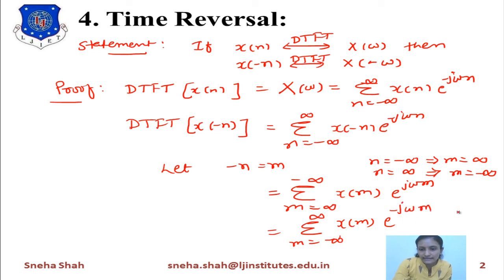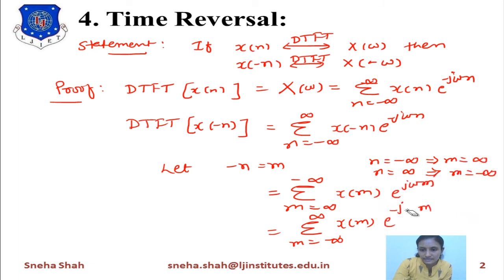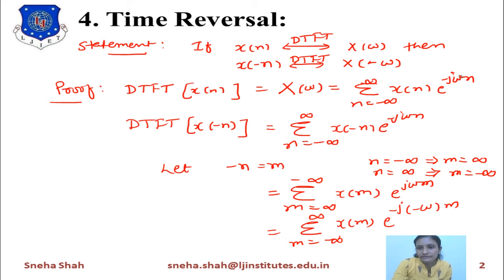If we write it like this, instead of omega we take minus omega, so it means minus omega into m. Now if we write omega, this term represents X of omega. Here we are writing minus omega, so this whole term represents the DTFT in terms of minus omega. So it is X of minus omega. This way we can prove the time reversal property.